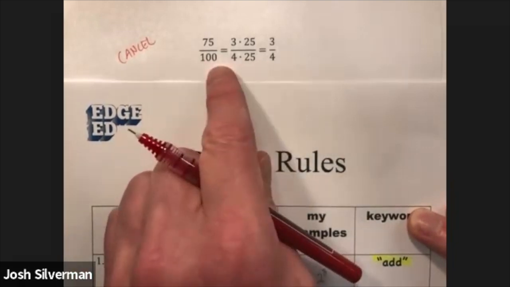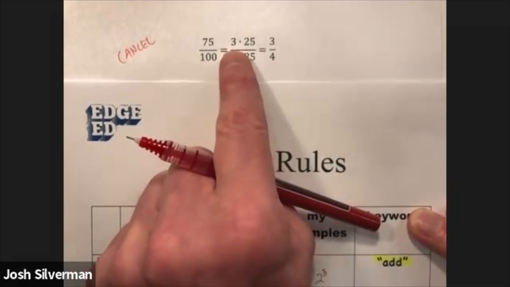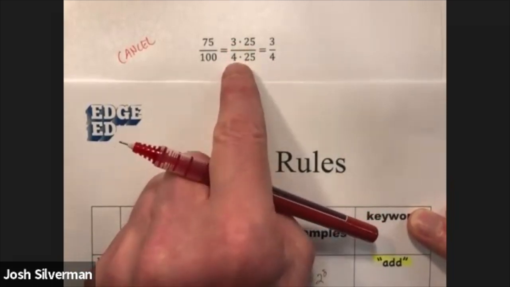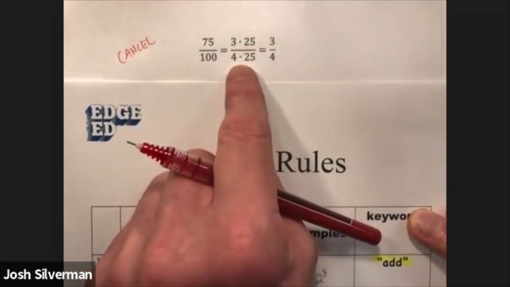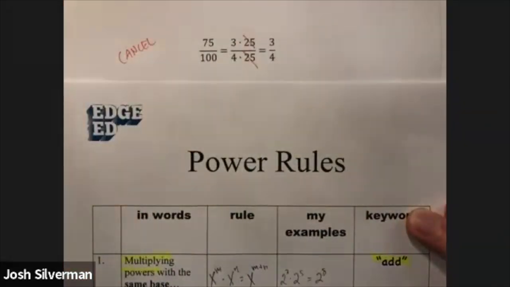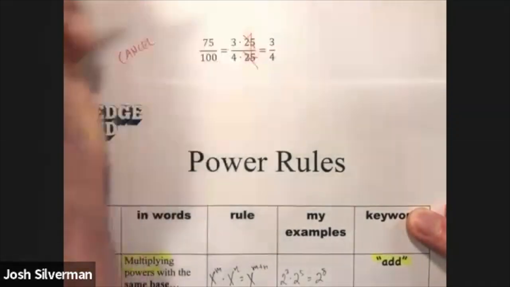We know 75 over 100 is the same as 3/4, but why? Here's why. Because 75 is 3 times 25, and 100 is 4 times 25. When you've broken up a fraction and you've got the same factor top and bottom, you can cancel those out because anything divided by itself is simply 1.